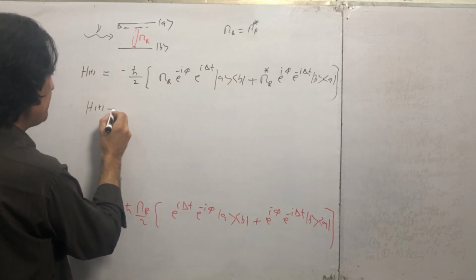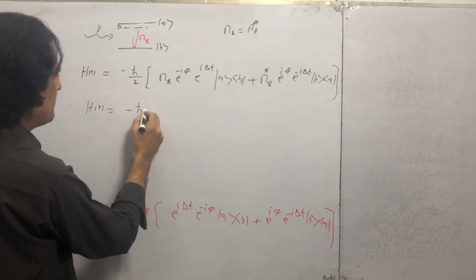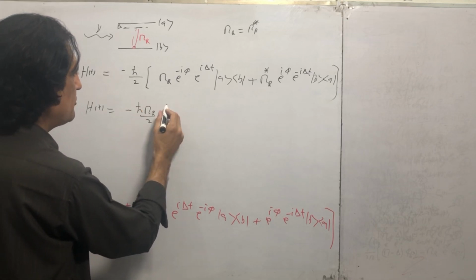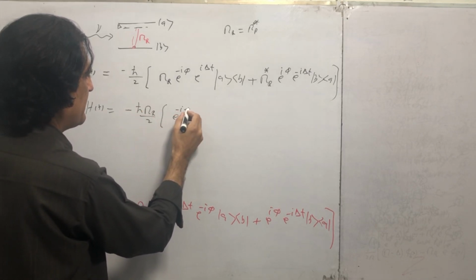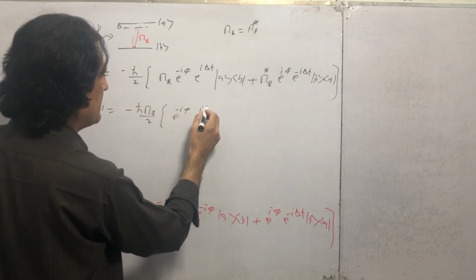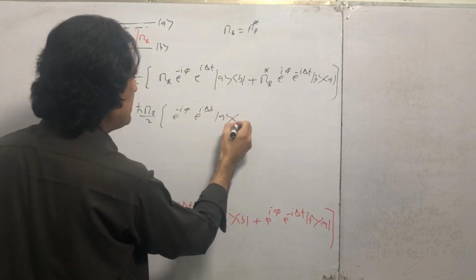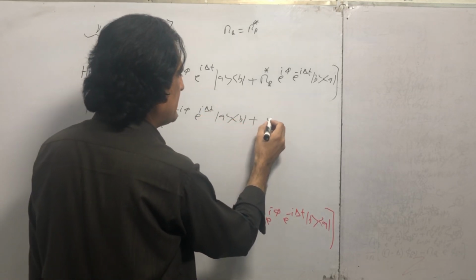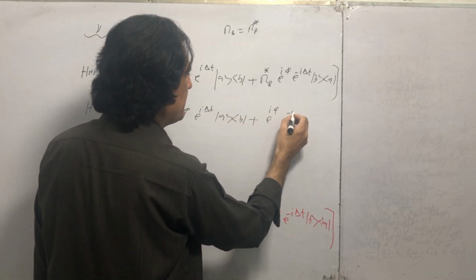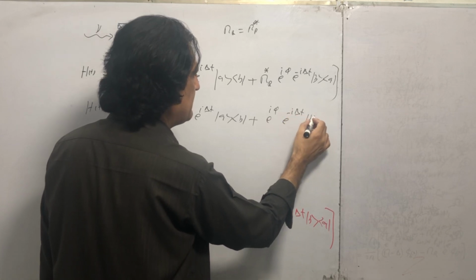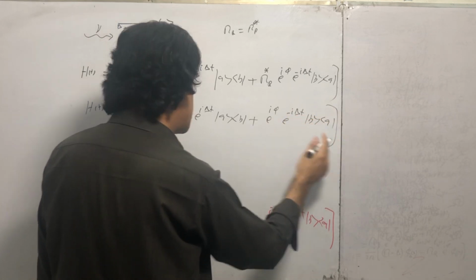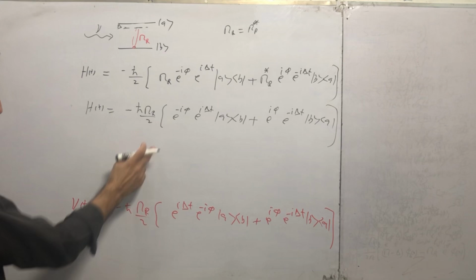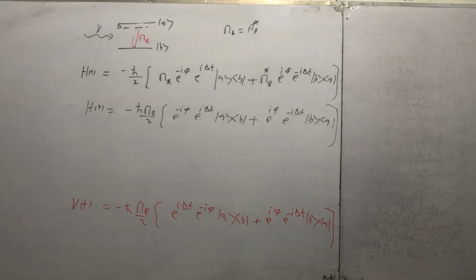Then H_I = -ħΩ_r/2 [e^(-iφ) e^(iΔt) |a><b| + e^(iφ) e^(-iΔt) |b><a|]. So this remains the same for this.